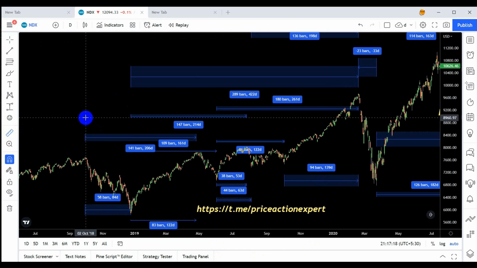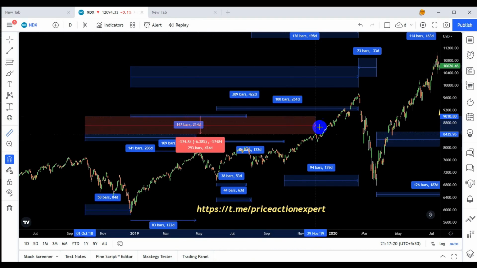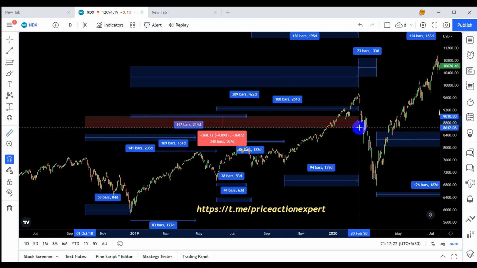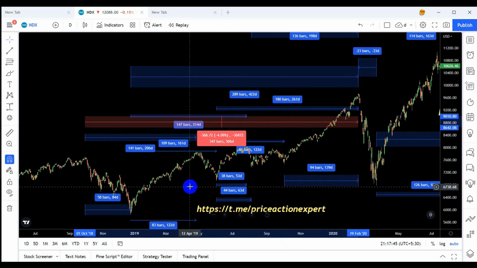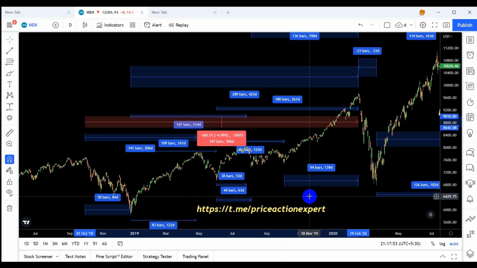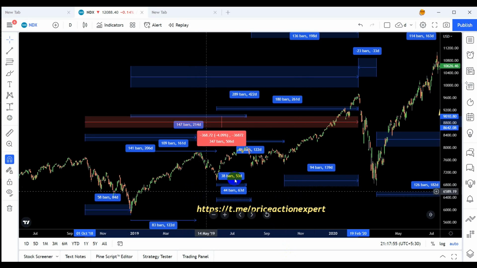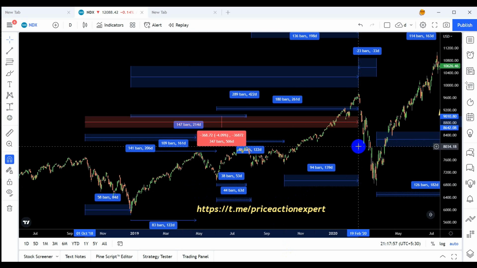I'm going to start from here and see where 505 and 506 leads to. That's the exact top. This is where the Corona crash happened. So we would have been able to foresee it much earlier. If we had known this particular calculation, we would have found this high very easily.